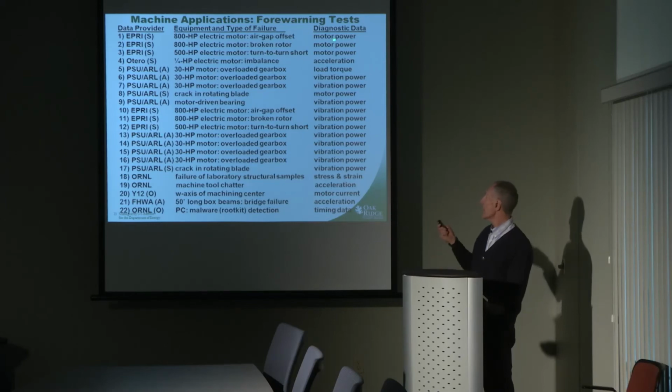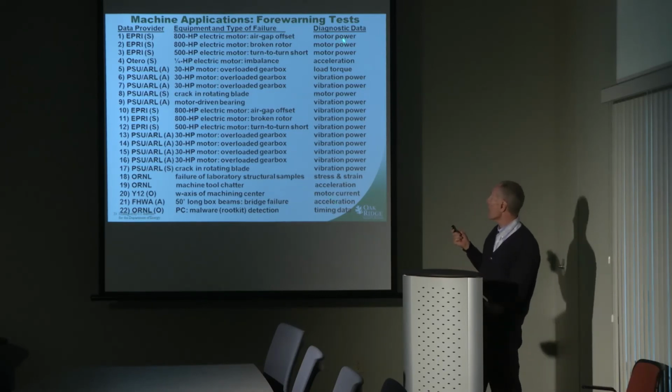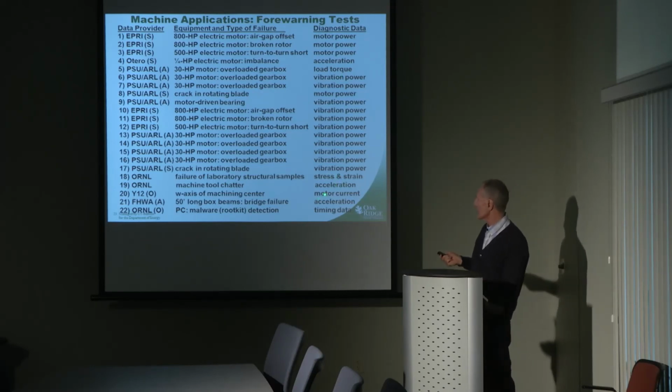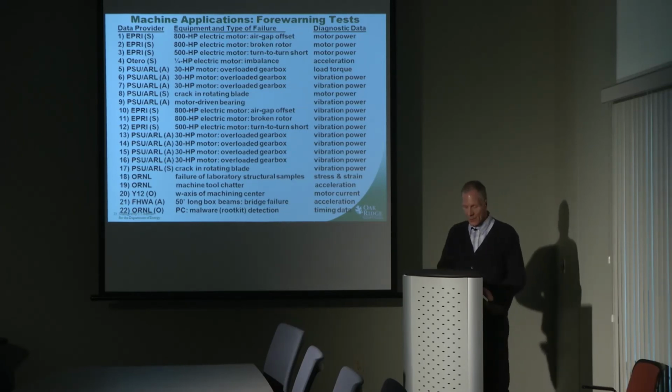And in all of the cases, we were able to correctly forewarn or detect the event. So the various kinds of data here are power, torque, vibration, stress and strain, acceleration, and timing data from detecting malware on a computer.